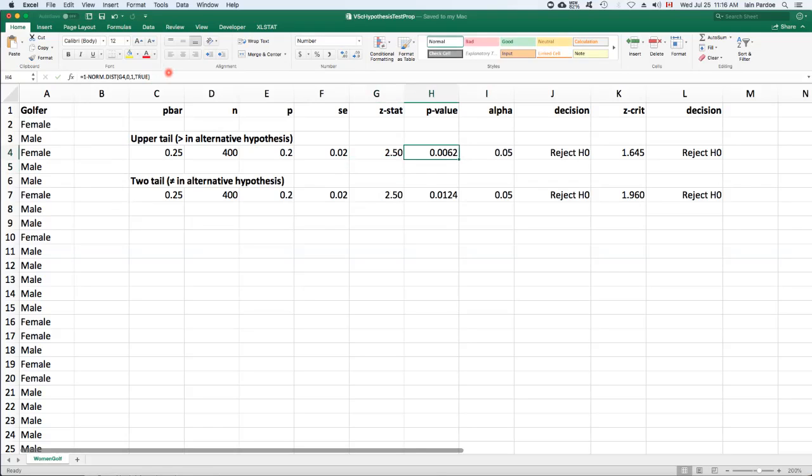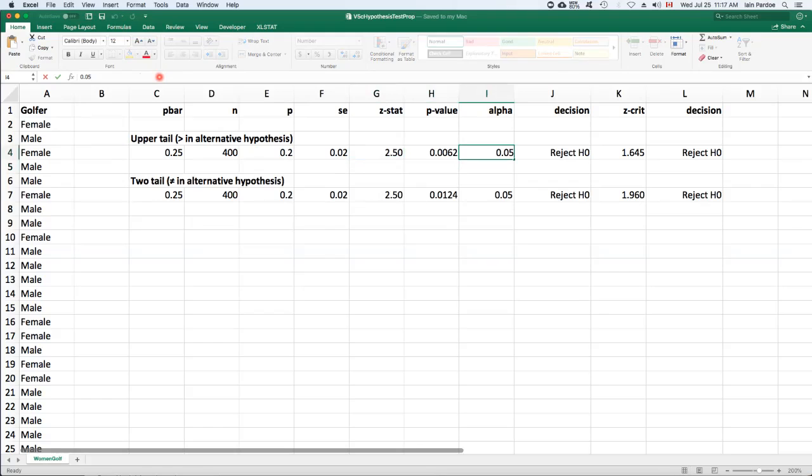Our p-value, because we're doing an upper tail test, will be the tail area to the right of the test statistic. And we calculate that by the norm dist function will give us the area to the left of the test statistic. And so if we subtract from 1, we'll get the area to the right of the test statistic. And that comes to 0.0062.